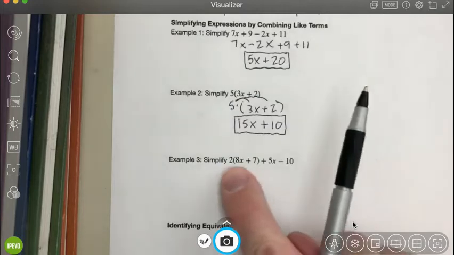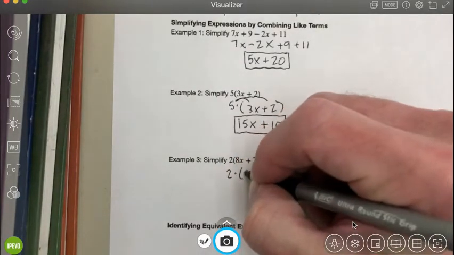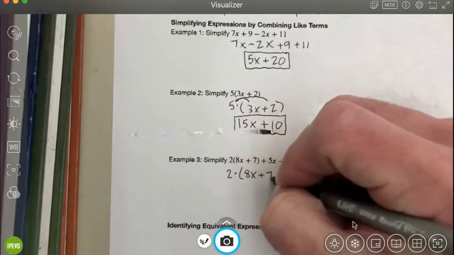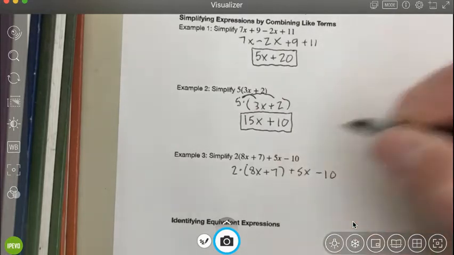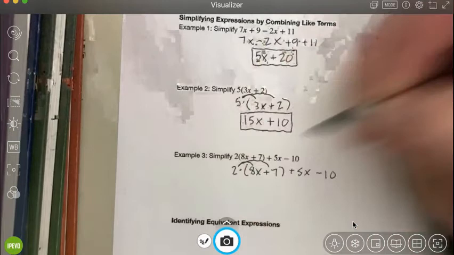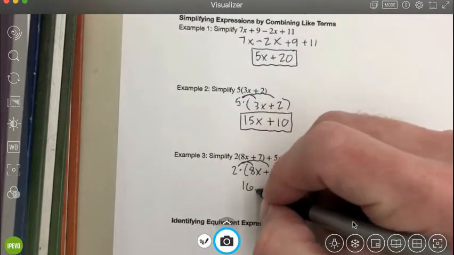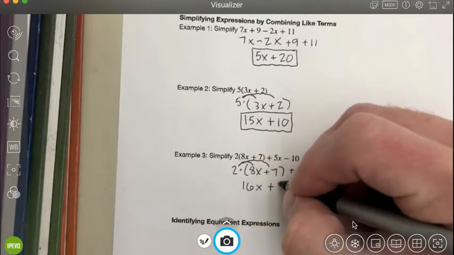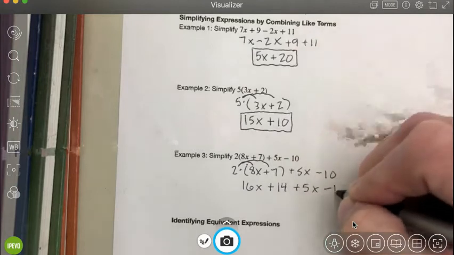Well, I know there's some multiplication happening here. So let's deal with that first. And I'm just going to write that out as a step again for those of you who find that helpful. And so this is saying I have two 8x's and two plus 7s. So in other words, I have a 16x plus 14 plus 5x minus 10.